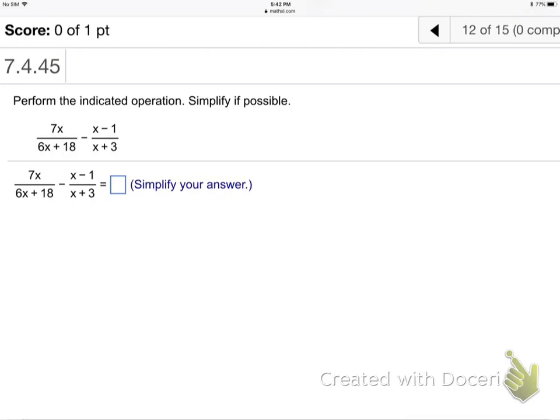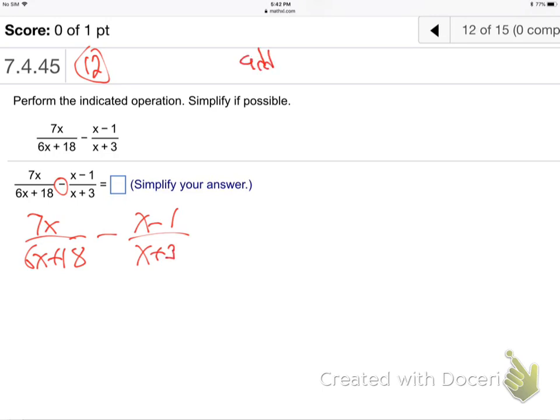Okay, so this one is number 12. Let's see, it's going to be a subtraction problem. That's always dangerous. Got to be careful. So let me rewrite the problem here. Okay, so what are the steps for add, subtract fractions?